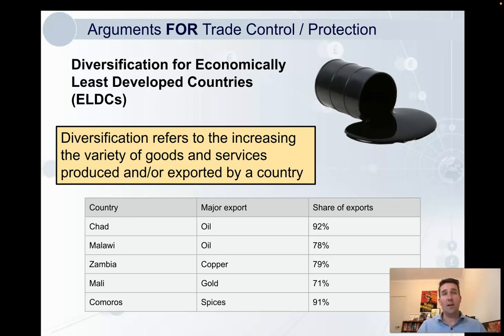So due to this risk, ELDCs, as we call them, may want to diversify their economy and produce a wider variety of goods and spread some of the risk around. However, to do this, they need to compete with imports, and these would become infant industries in the ELDCs. So they would need to impose trade protections to protect those infant industries.